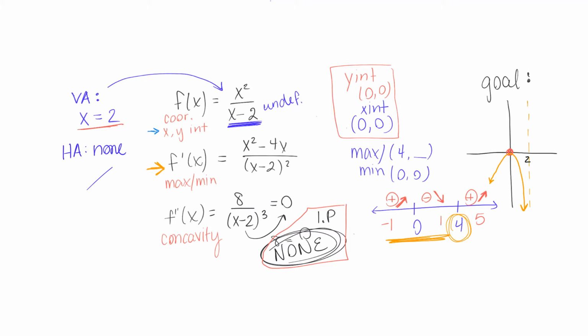So if this is 2 and this is 4, it has to be decreasing as it comes into 4, and then it has to turn around and increase as it leaves 4. Does that make sense? And the concavity can't change, right? So this is concave down, this is concave up, and it can't change because there's no inflection points.